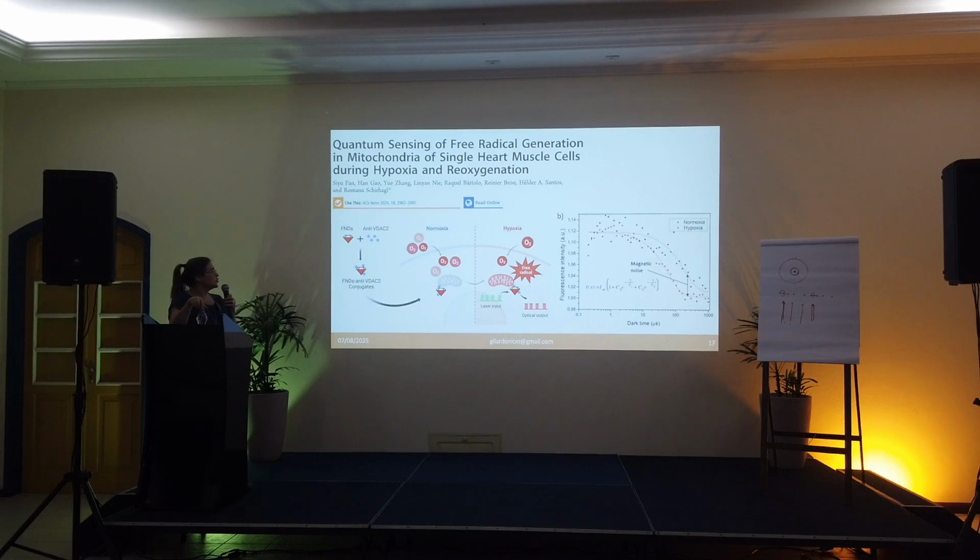And then they can use processes like this, so this change in relaxation time, to infer something about the concentration of these paramagnetic reactive oxygen species inside cells. And then you can give these cells different stimulus, and you can deplete them of oxygen, and that's the process that we know creates more free radicals that are paramagnetically active.